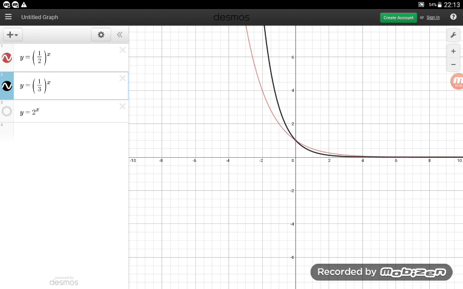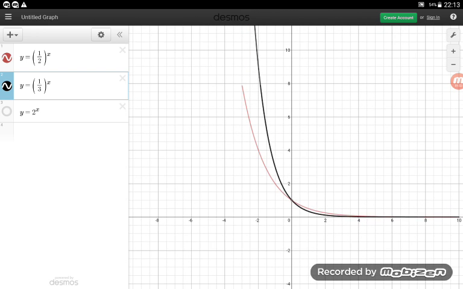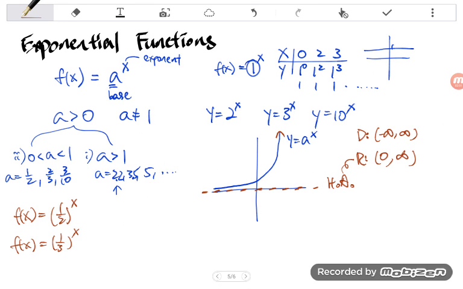It seems like if my base is a proper fraction, then the shape of my exponential function looks something like that, right?